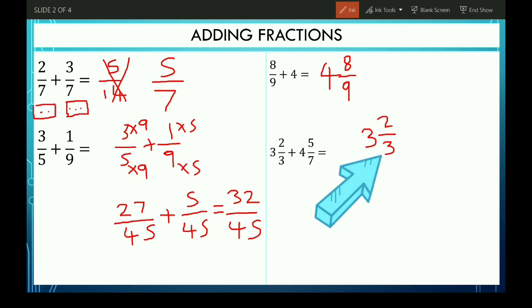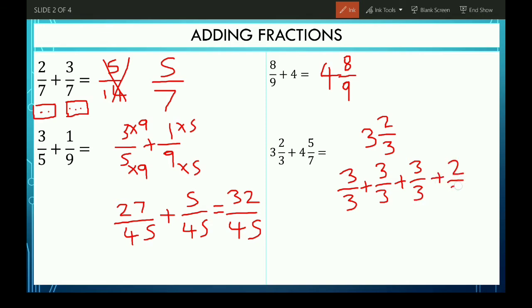So if I show you this, 3 over 3 plus 3 over 3 plus 3 over 3 plus 2 over 3. What do you notice? That's right. The first fraction, the 3 over 3, what is 3 divided by 3?